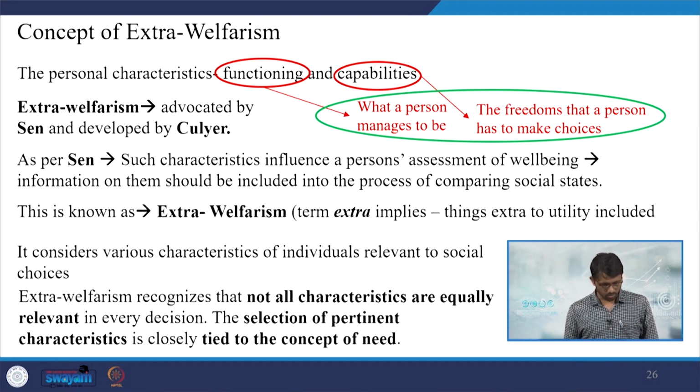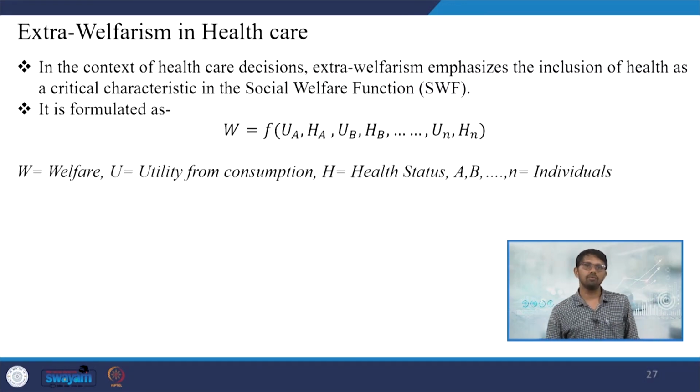The selection of pertinent characteristics is closely tied to the concept of need. So this is what is also emphasized. Extra-welfarism in healthcare: in the context of healthcare decisions, extra-welfarism emphasizes the inclusion of health as a critical characteristic in the social welfare function.